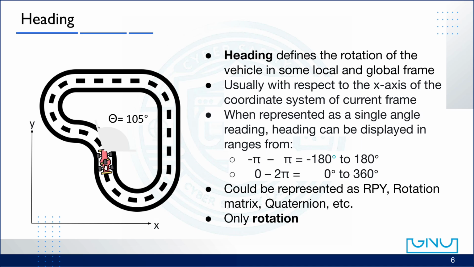For example, we can use radians from minus pi to plus pi, which corresponds to minus 180 to plus 180 degrees. Or from 0 to 2 pi, that is 0 to 360 degrees. This orientation can also be represented in different mathematical forms, such as roll, pitch, yaw, rotation matrices, or quaternions.